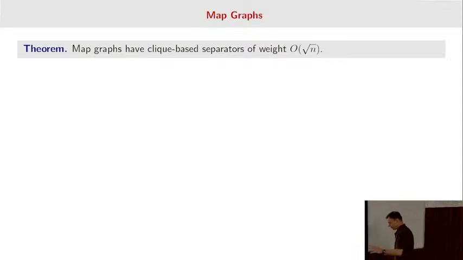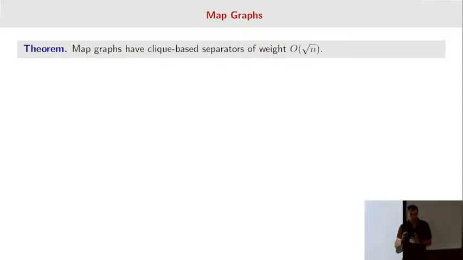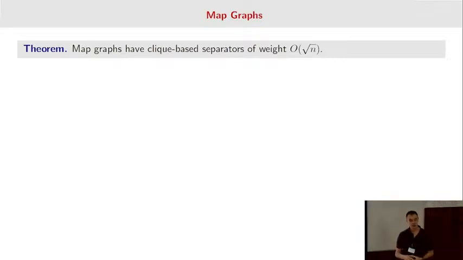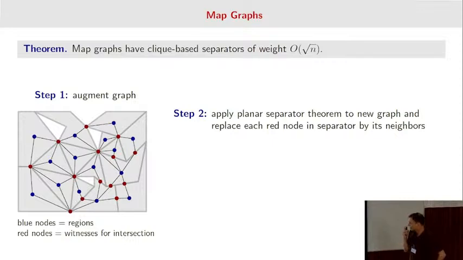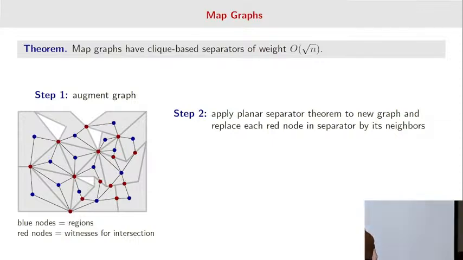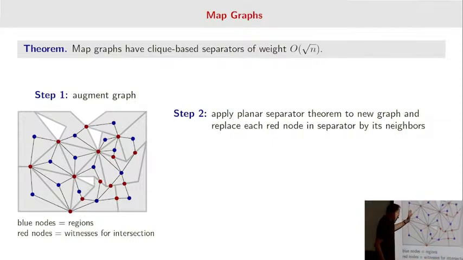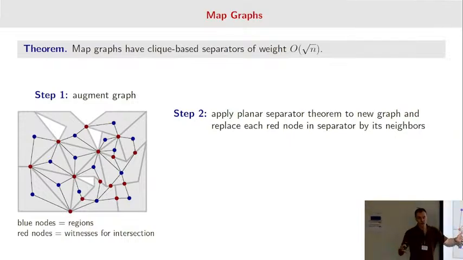Okay, so I want to show you 3 different proofs, because they use 3 different mechanisms which are maybe nice to see. So first, map graphs. A map graph is, you could define it as, you take a planar subdivision, you take the dual graph, but you also connect things if they only share a vertex.